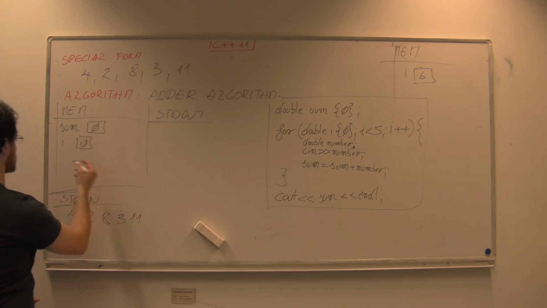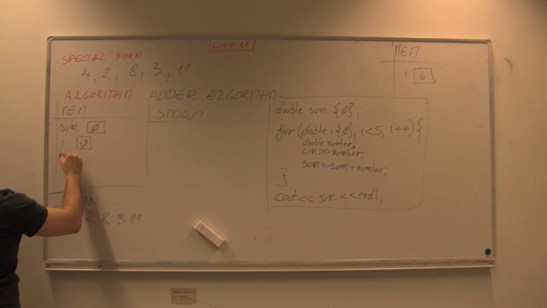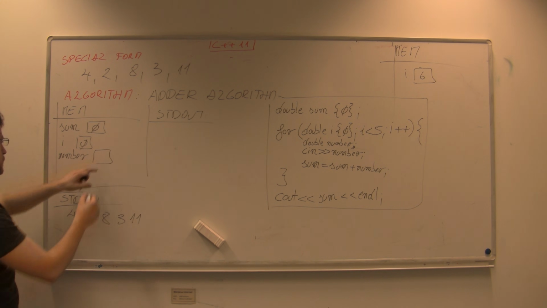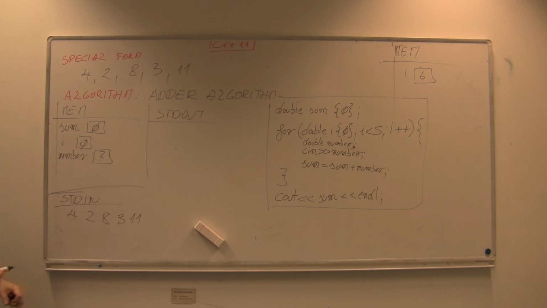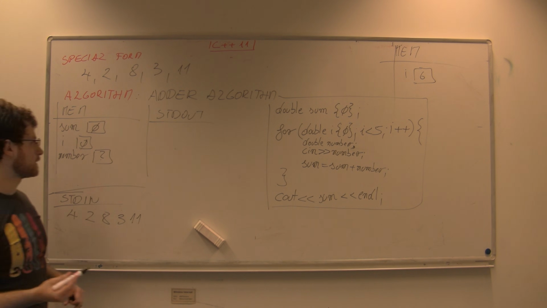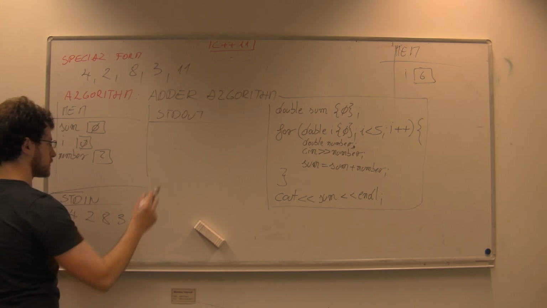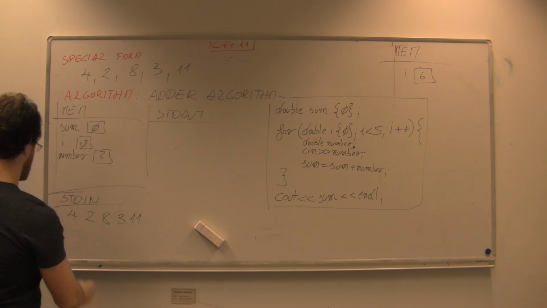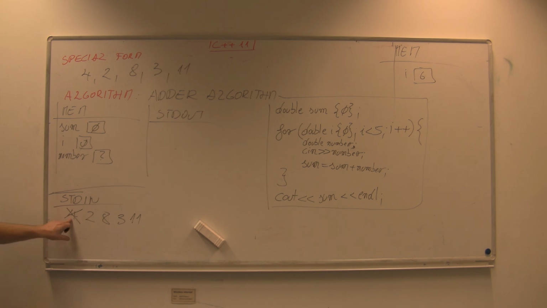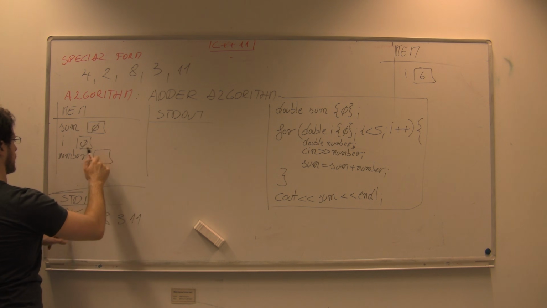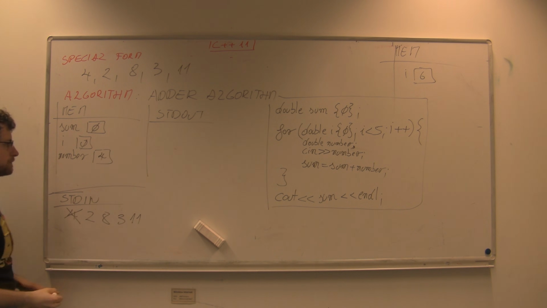The body of the loop instructs us to introduce a variable number, which is bound to a singular value. So we don't really know what the value is. We haven't specified. Then we extract one value from standard input and store it in the variable number. So we extract the first value, that's the number 4, and we store it in the variable number.